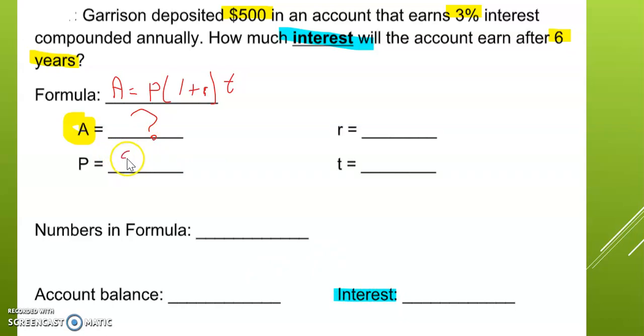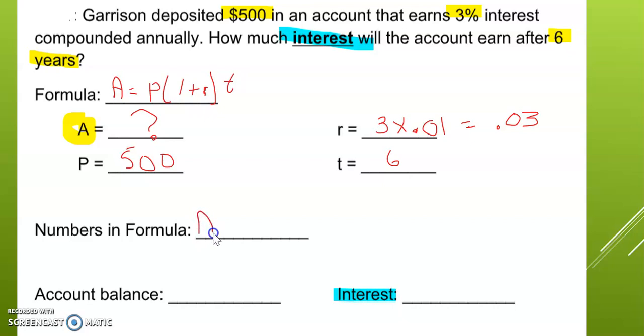My principal is the money that I deposited. Hey, I walk into the bank, I hand them $500. My rate is 3%. I have to take my 3 and multiply it by 0.01. That becomes 0.03 in my formula, and my time is 6 years.